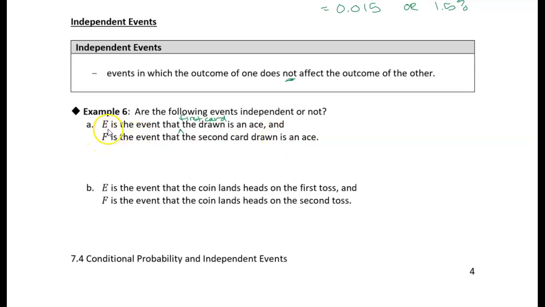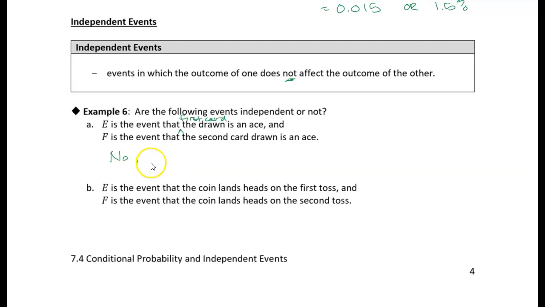In the first part, E is the event that the first card drawn is an ace, and F is the event that the second card drawn is an ace. If we want to evaluate whether they're independent, we want to figure out whether the outcome of F is dependent on the outcome of E. So the answer is no, these are not independent events, because the second card drawn depends on what happens with the first card.